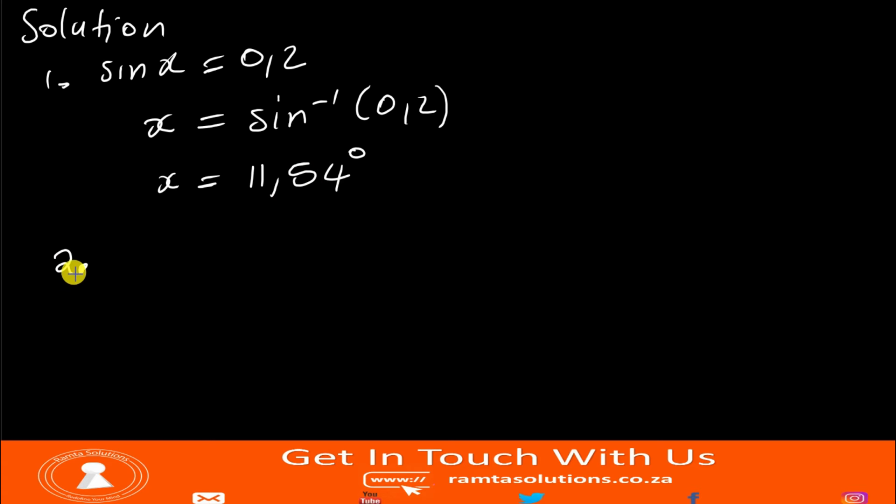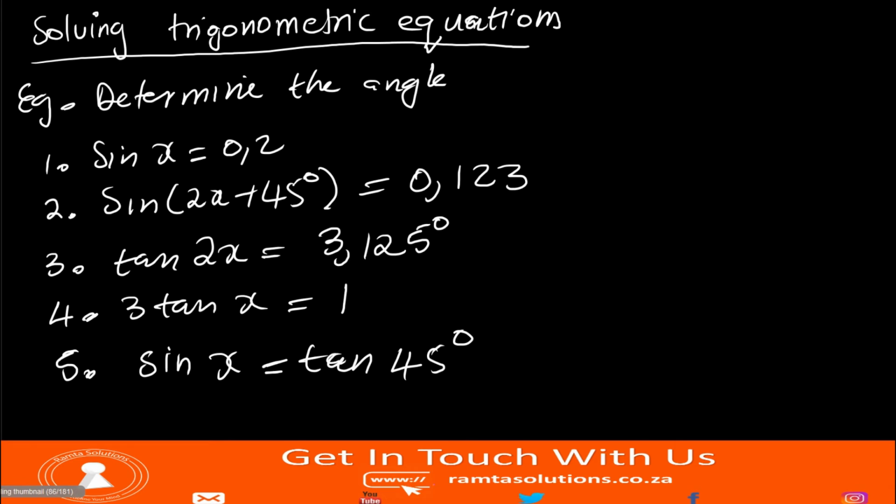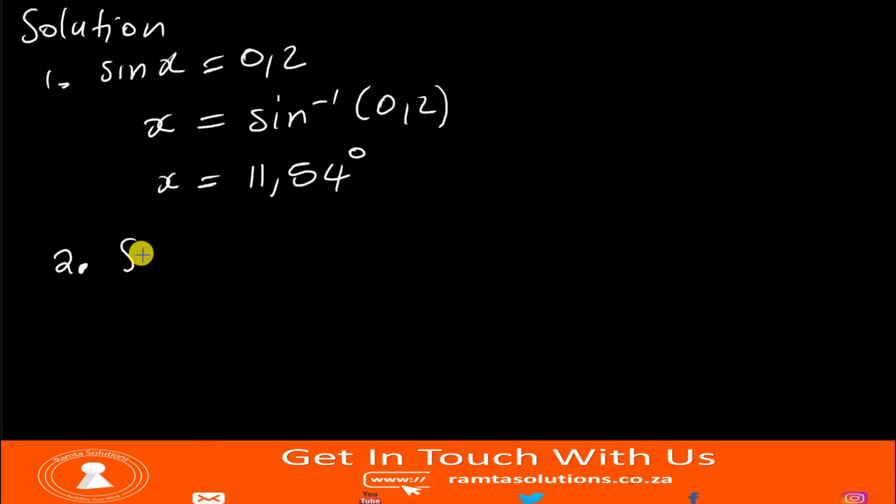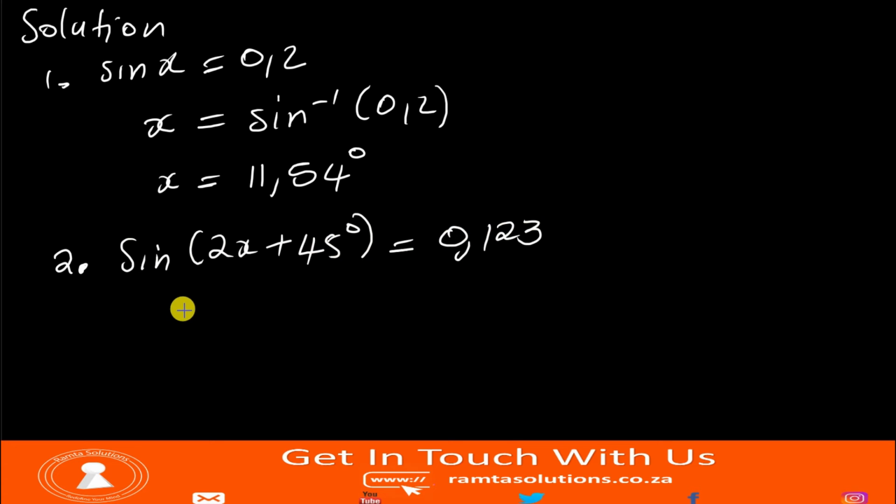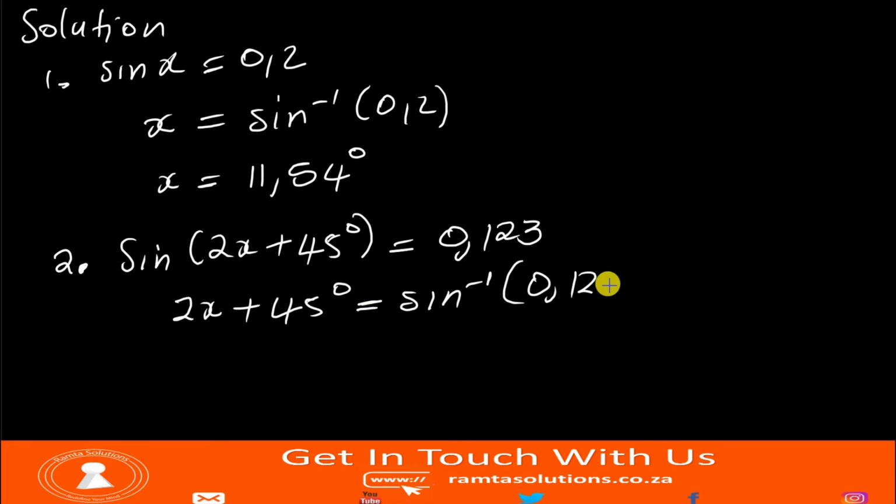Number 2, we are then looking for, what is number 2? Okay, sine 2x plus 45 degrees equals 0.123. So when we proceed, we'll say 2x plus 45 degrees equals sine inverse of 0.123.